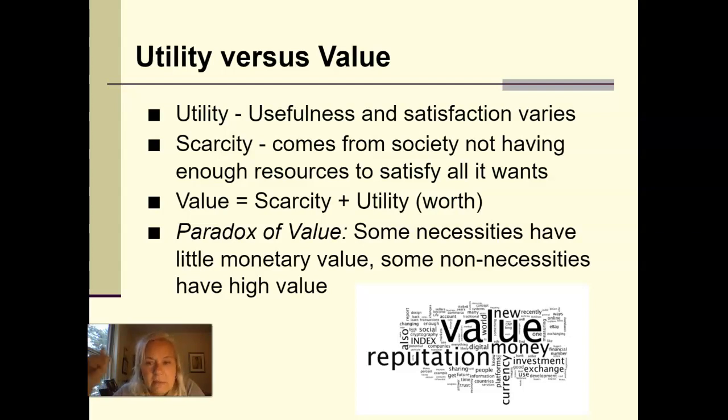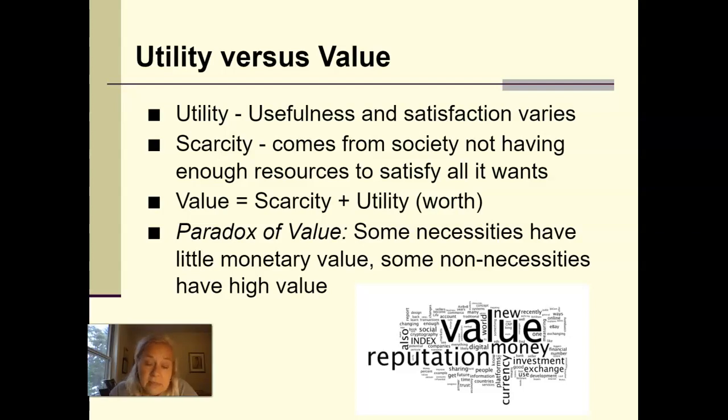Paradox of value, some necessities have little monetary value. Some non-necessities have high value. So here where we live, we have city water. We could put it in a bottle and try to sell it, but if we were just trying to do that right here, where we have a lot of water, the monetary value of a bottle of water isn't going to be that high.